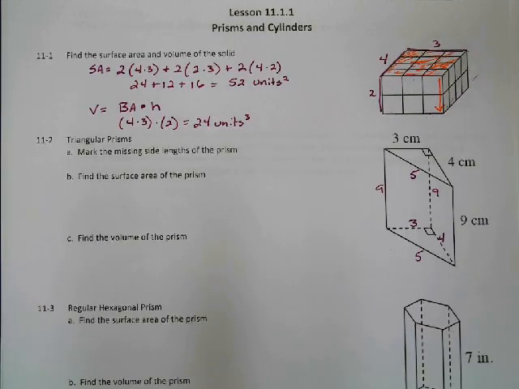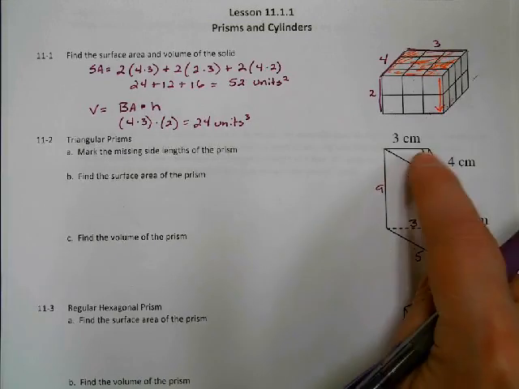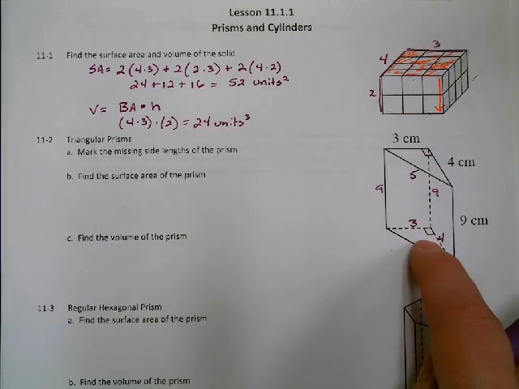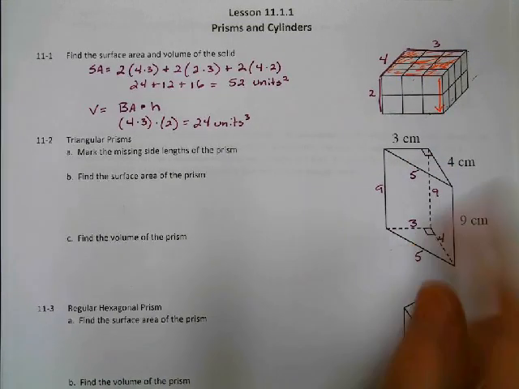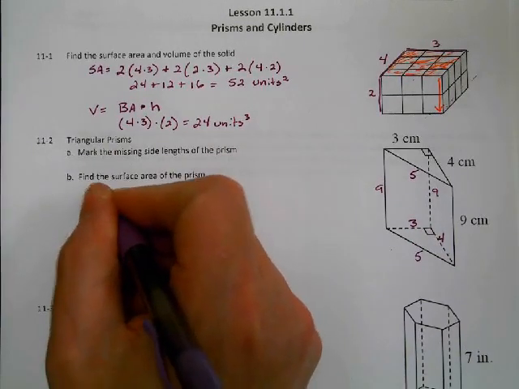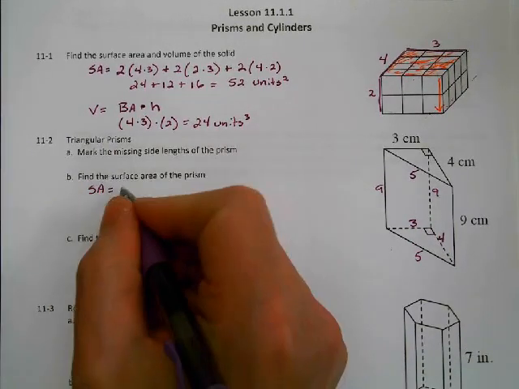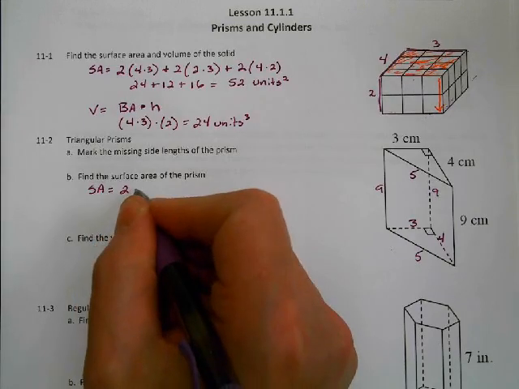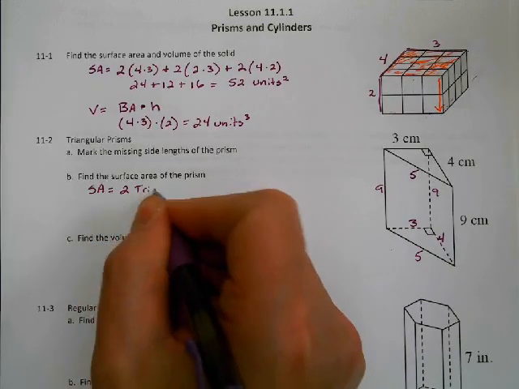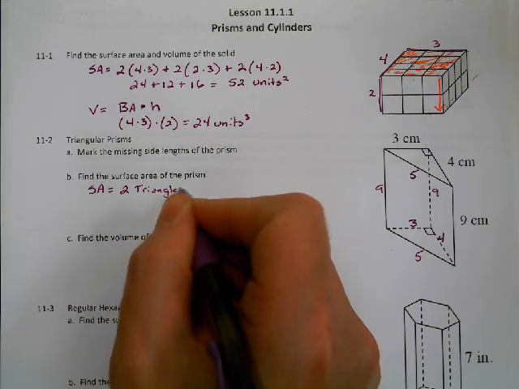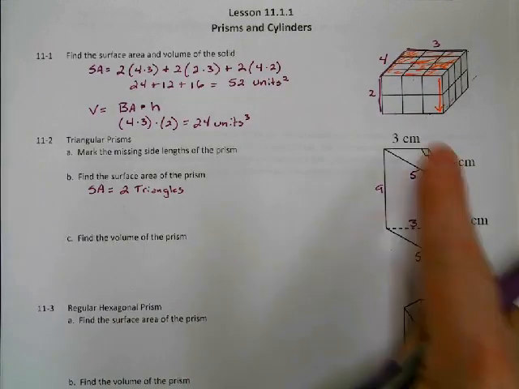So if this were a weird cardboard box, we would have 1, 2, 3, 4, 5 different sides to it. I'd have a top base and a bottom base. Both of those are triangles. So my surface area would include 2 triangles. That takes care of the top and the bottom.